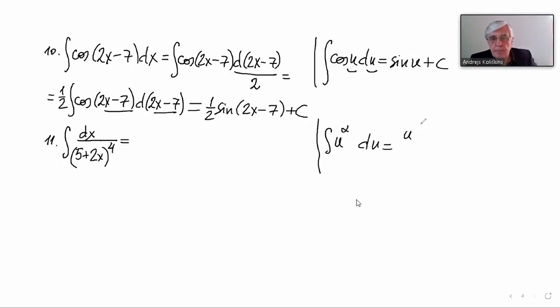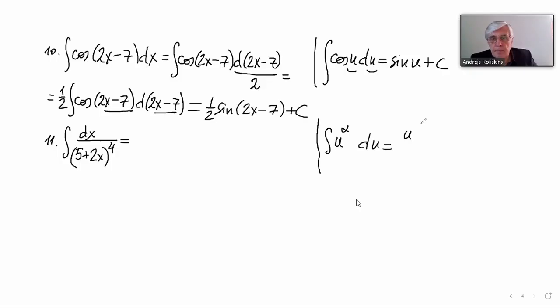So my advice is always rewrite such expression in terms of a power. So 5 plus 2x to the power minus 4, okay, dx. Now, if you compare this expression with this one, we see that now these expressions are different. If they would be the same, then I could have used this formula, but it is not the case.